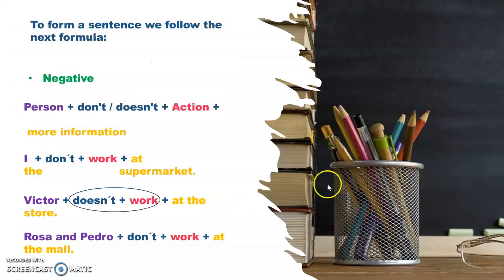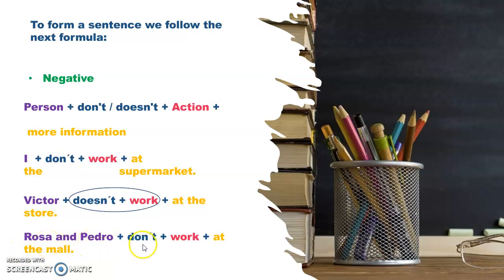And how do we form the negative? It is exactly the same, but we're going to add don't or doesn't. Then it's the person, don't or doesn't, action, and more information. I don't work at the supermarket. Victor doesn't work at the store.